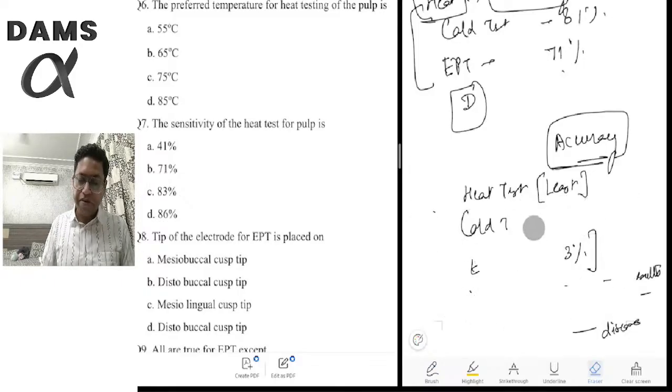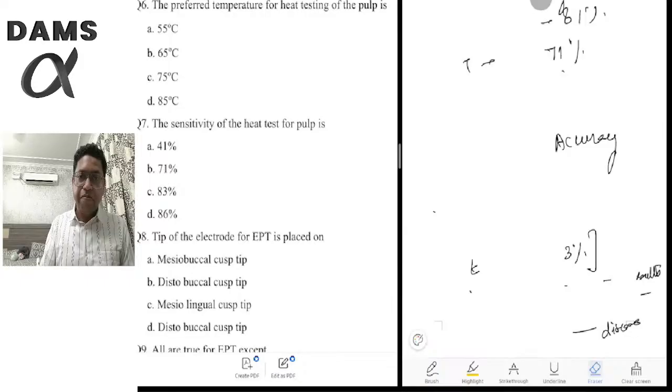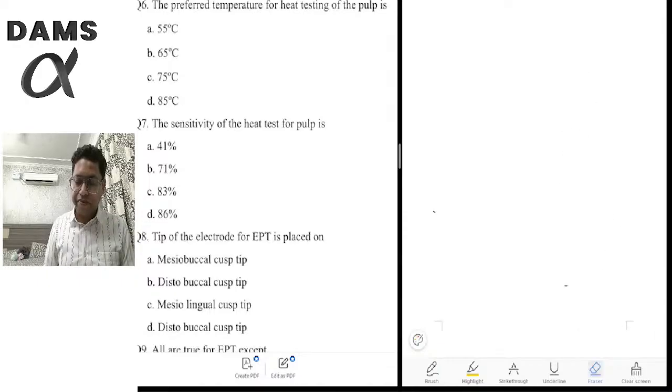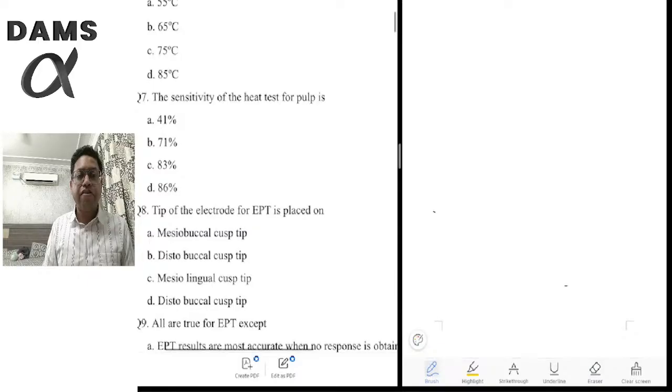Coming over to question number 8. The tip of the electrode for electric pulp testing is placed on the mesiobuccal cusp tip, distobuccal cusp tip, mesiolingual cusp tip, or distolingual cusp tip. You all know that we have to choose the cusp with the highest pulp horn.